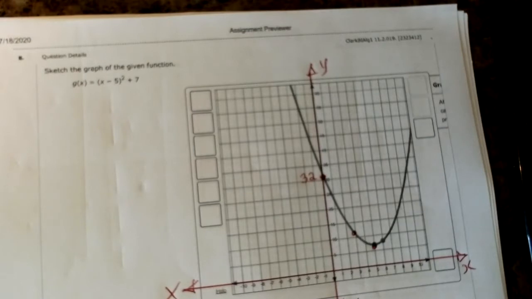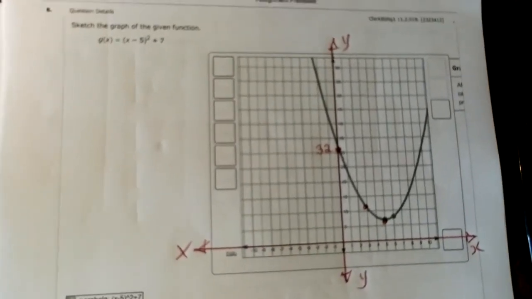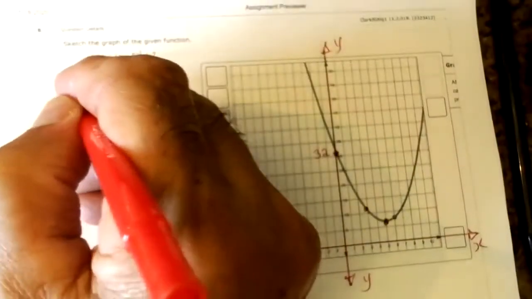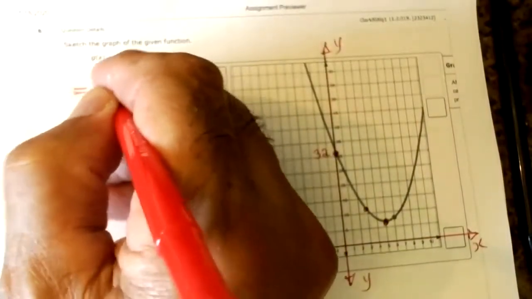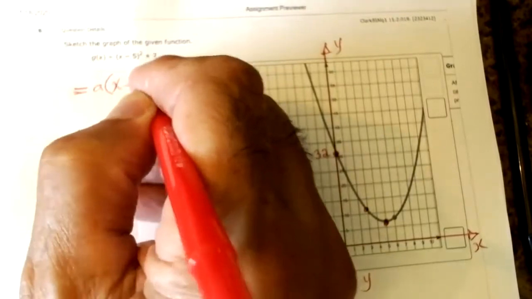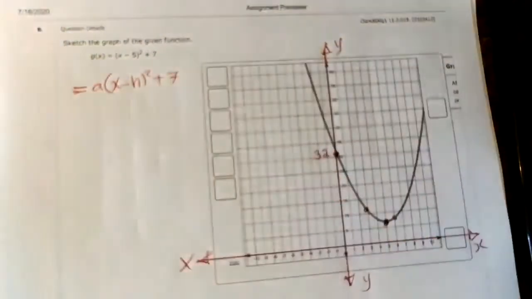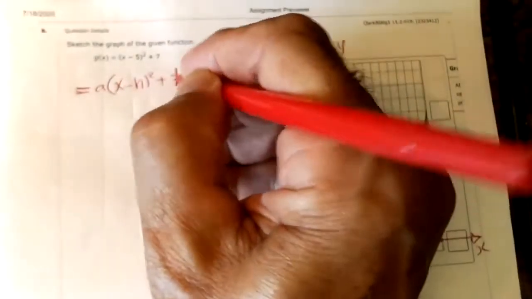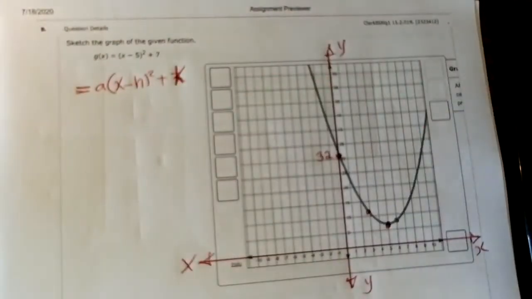Let me write it so you could see it. It's a times (x minus h) to the power of 2 plus k. So what is your k? 7. What is your h? 5.